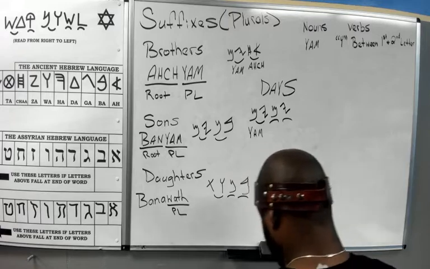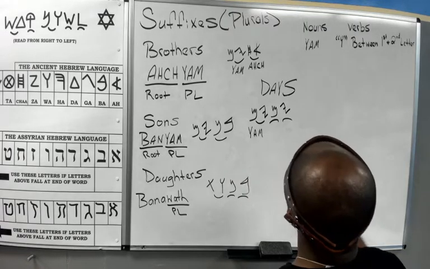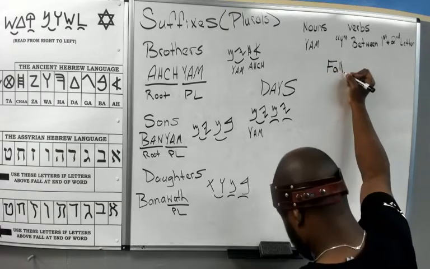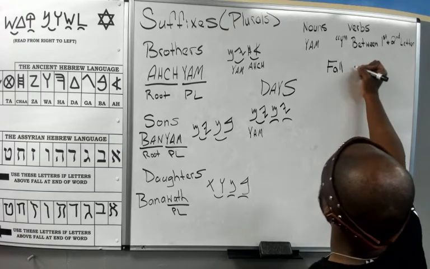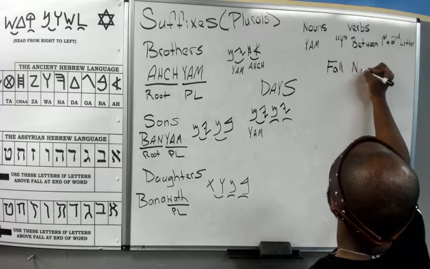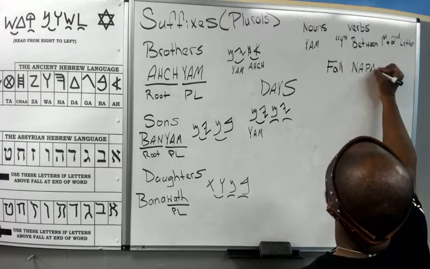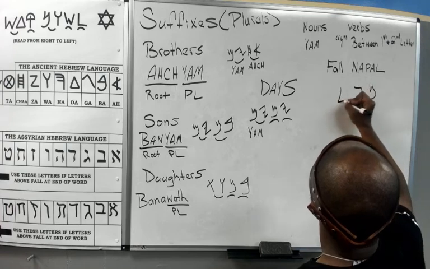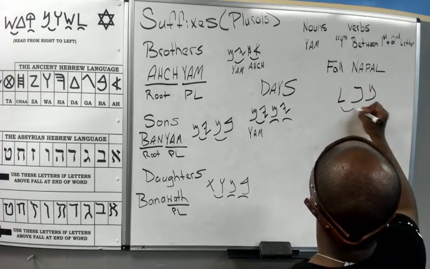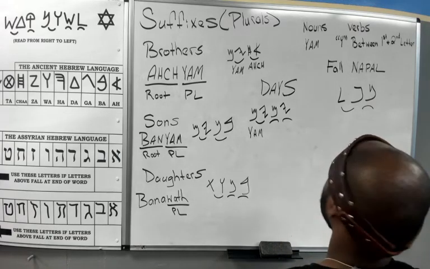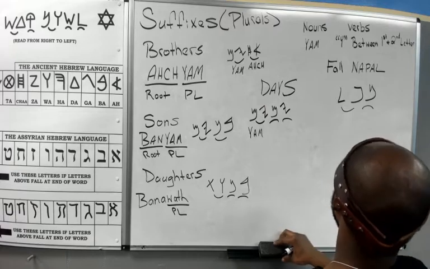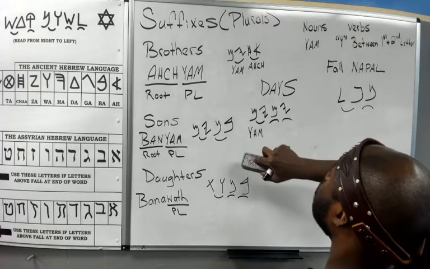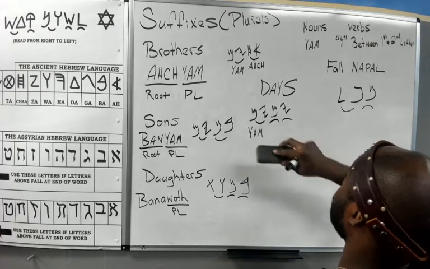If we want to say fall in the Hebrew, fall would be nafal. Nafal is fall, but as far as for the plurals that are nouns, these are suffixes.